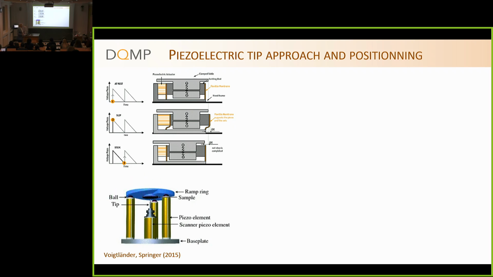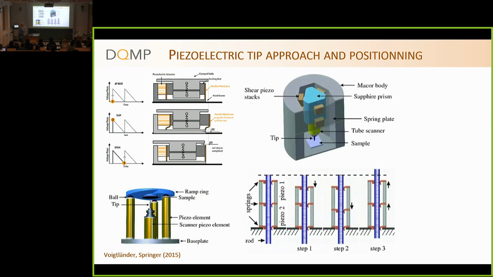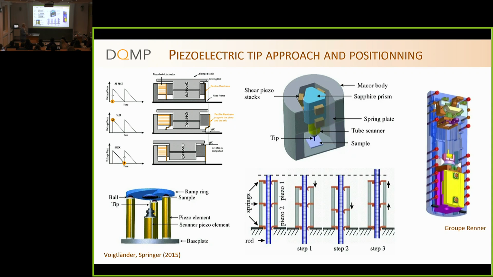People have really created all kinds of devices. Today, it's mostly this kind of motor, or this one, which is a bit of a mix of static and dynamic friction. And here is one example of a head that we built in our group. This one combines not only the tip approach, but it can do XY scanning and moving of the sample, because you don't want just to come here, but then you also want to select a position over millimeters.